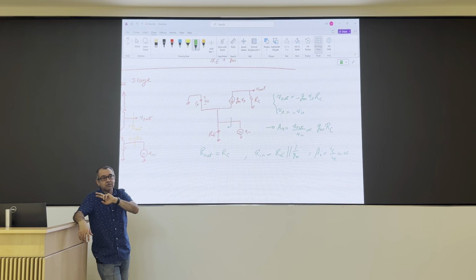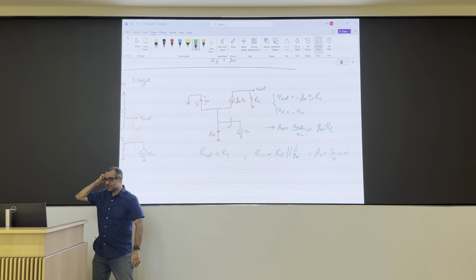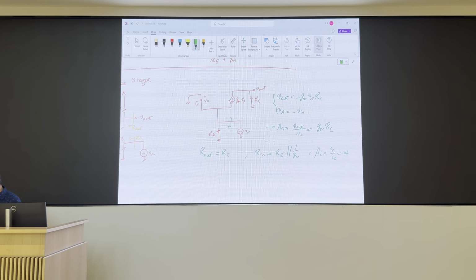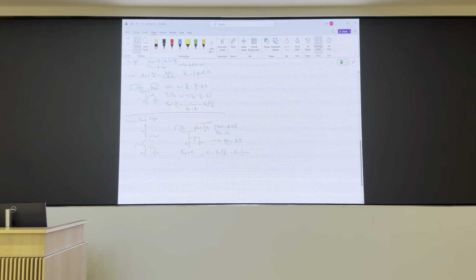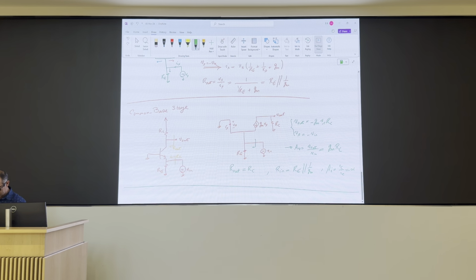So it doesn't have a lot of applications. You don't see a lot of it around, but it's a useful stage nonetheless. It has its own applications. Okay, so that's a common base stage. Let me see if we missed anything in this chapter that we have to cover.